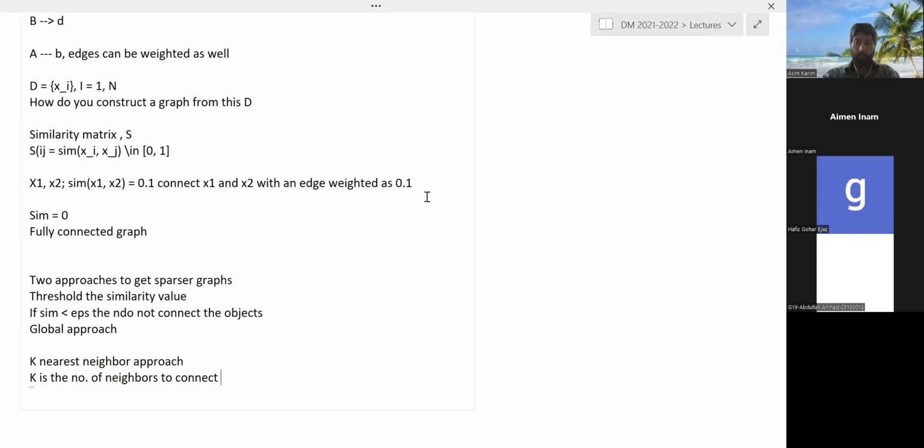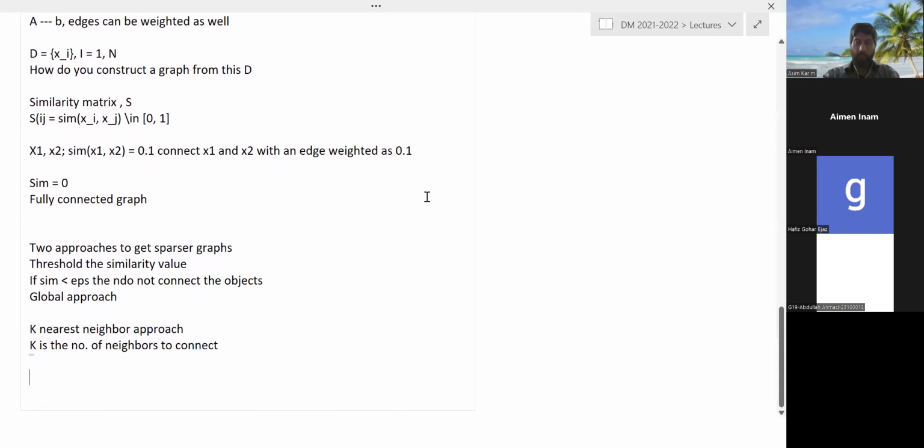For example, let's say you have 10 nodes, x1 to x10, and all of them have some similarities. If you don't threshold them, they will be fully connected, and x1 will be connected to every other node.